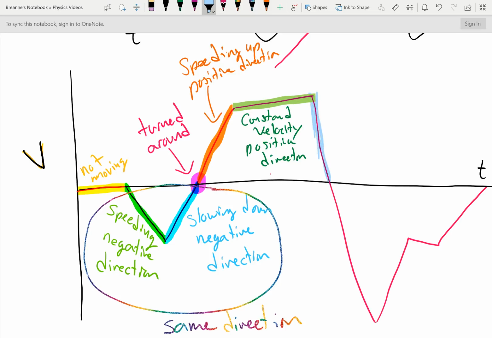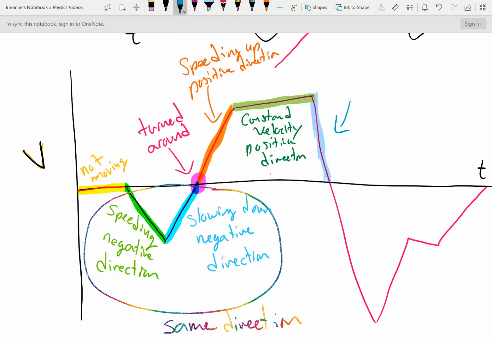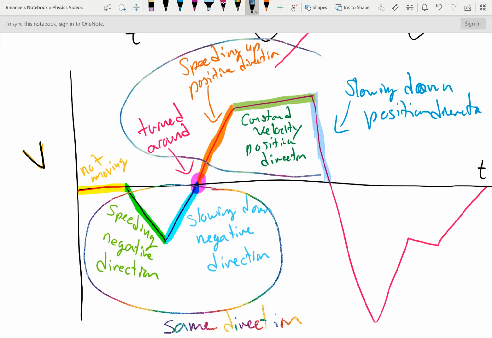Here, you are slowing down in the positive direction. So again, this whole entire thing right here is in the same direction.